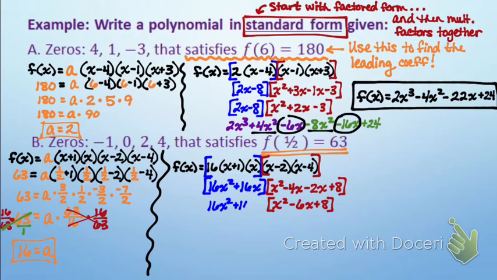16x squared plus 16x needs to get distributed to all of that. So I'm going to have 16x to the fourth, sorry, I should have x to the fourth at the front, because I had x squared times x squared. Minus, what is 16 times negative 6?